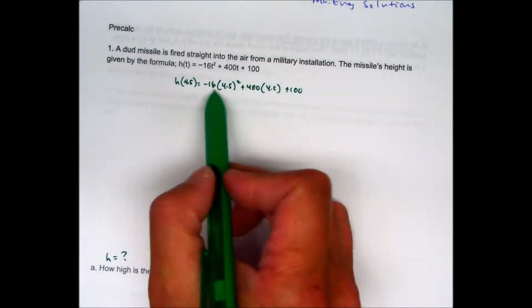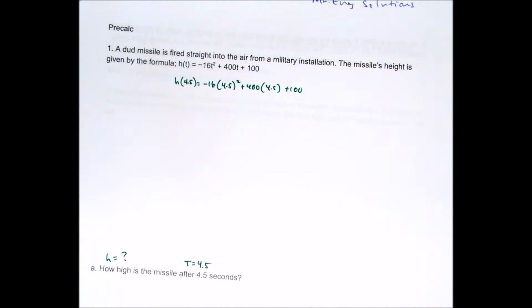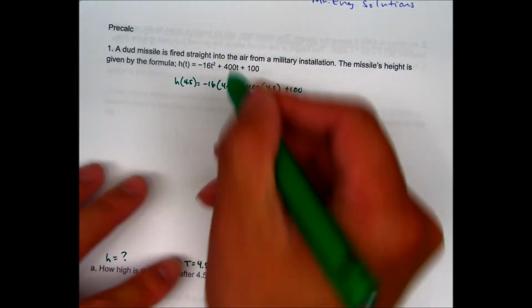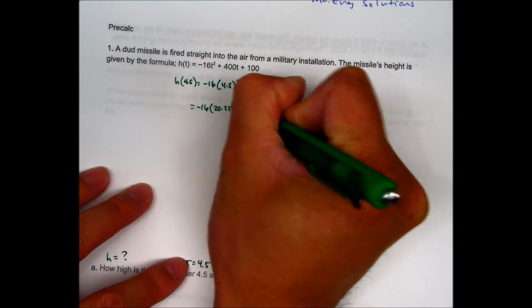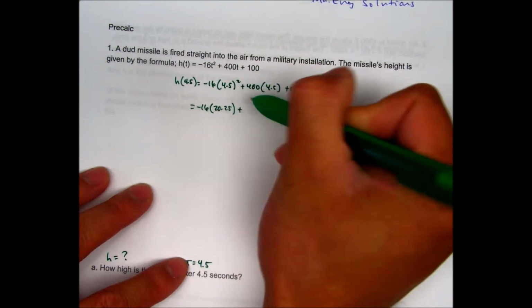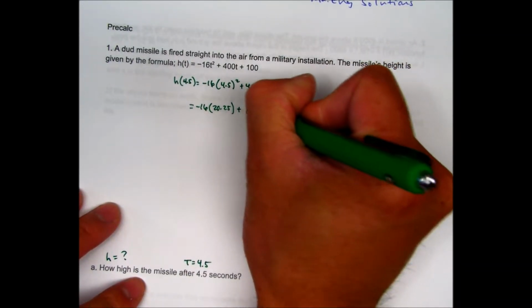So then I'm going to use order of operations. I'm going to use the exponent first before I multiply by negative 16. So 4.5 squared is 20.25. 400 times 4.5. I'll show you how to do it faster on your calculators.